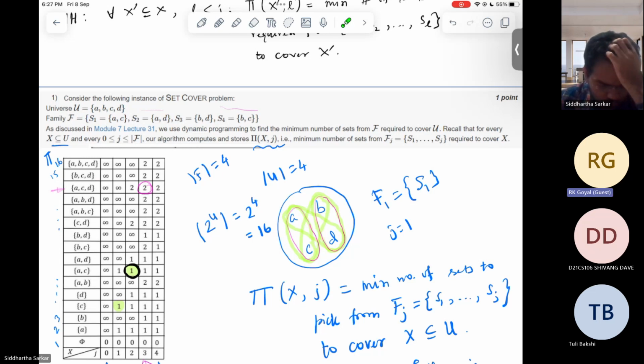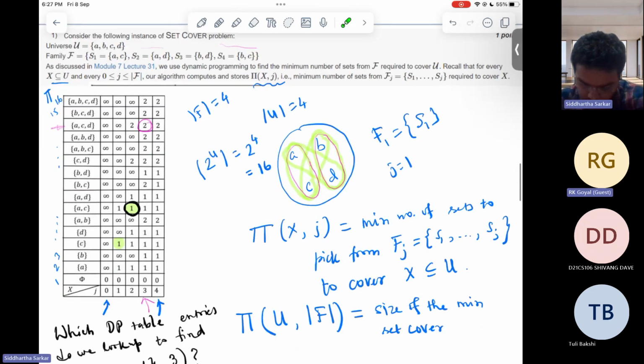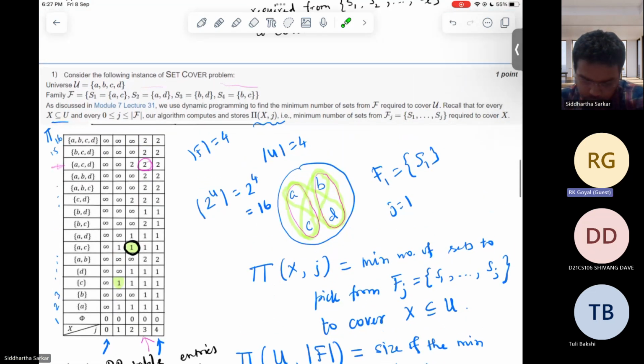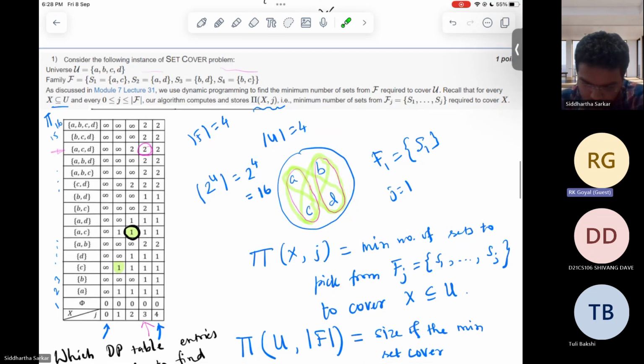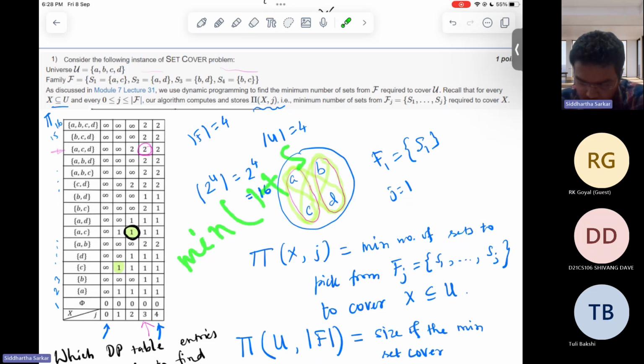So we are computing the value of ACD comma 3, is it? Yes. If we are computing ACD comma 3, then if I do not consider S3 at all, then I'll have to find the value of ACD comma 2. Yes, this one. But then how will I decide whether to consider S3 or not? Because you take the minimum. You take the minimum of 1 plus taking S3, and not taking S3.